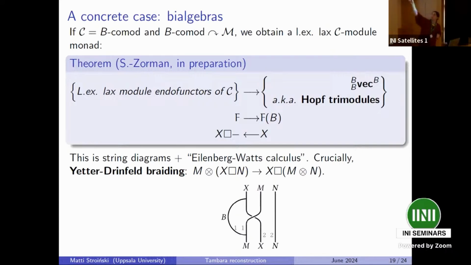From the left-hand side to the right-hand side, we evaluate at B. From the right-hand side to the left-hand side, we take the cotensor product with X. Crucial in this is Eilenberg-Watts calculus, a lot of manipulations on string diagrams, and this idea of a Yetter-Drinfeld braiding, which tells us the lax C module structure on this functor. So a lax C module structure consists of precisely maps like this, given a finite dimensional X.